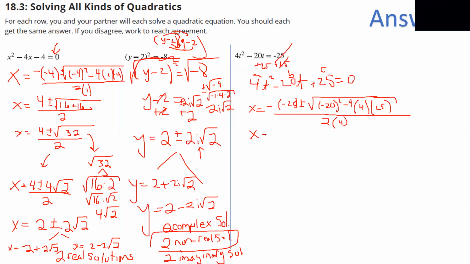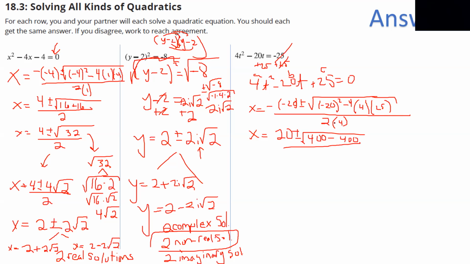Okay, let's continue. So now we work it out. A negative times a negative is a positive, so I get 20 plus or minus the square root of negative 20 squared, which means negative 20 times negative 20, and that is 400. Minus 4 times 4 is 16, times 25, that's equal to 400.